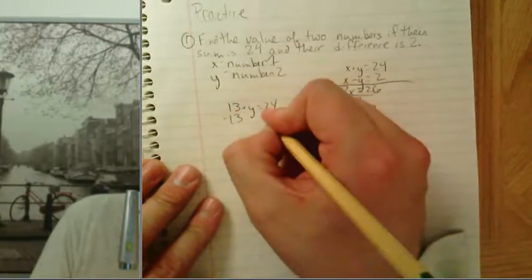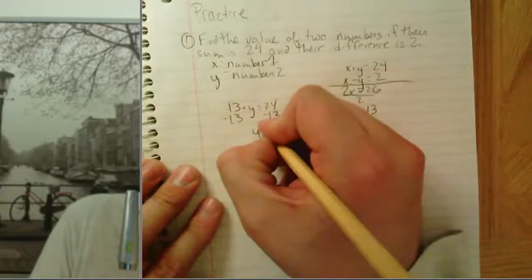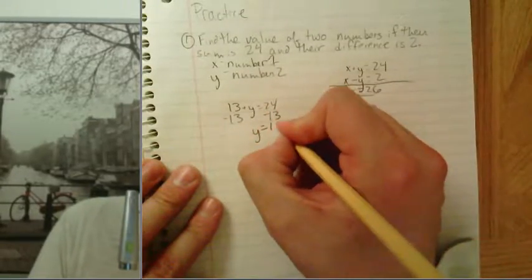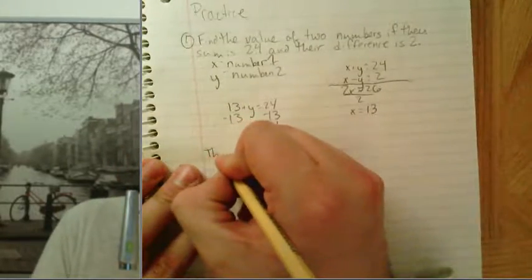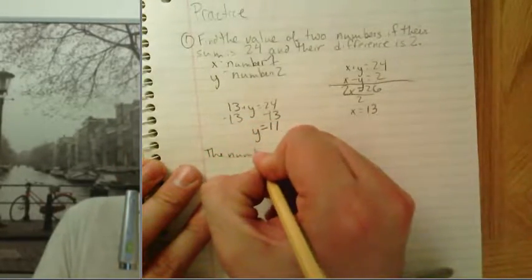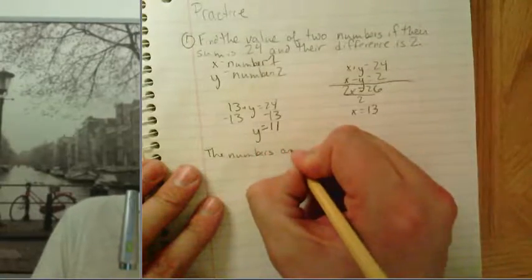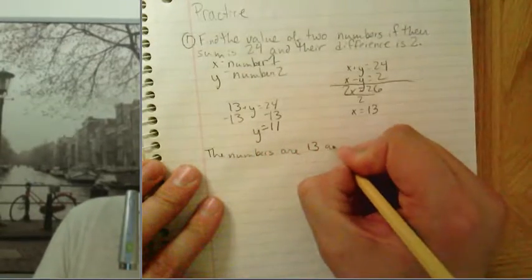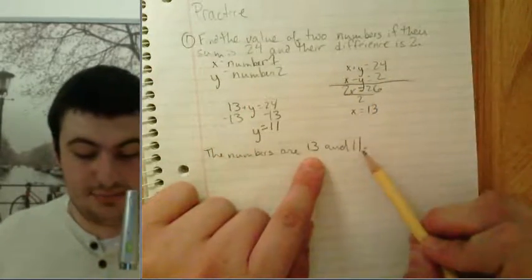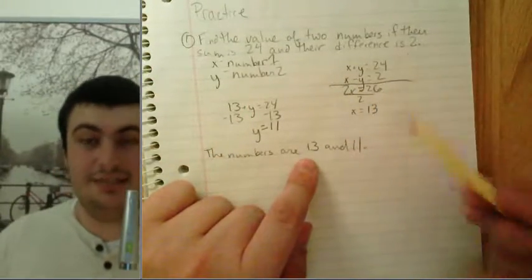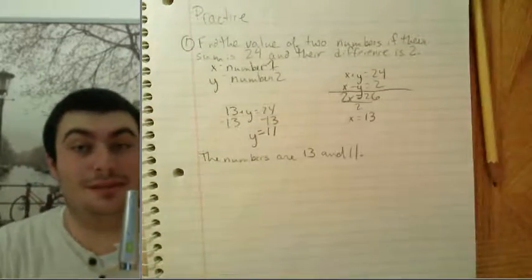I subtract 13 and see that y equals 11. So the numbers are 13 and 11. And we quick check. 13 plus 11 is 24. 13 minus 11 is 2. We found our numbers. Have fun.